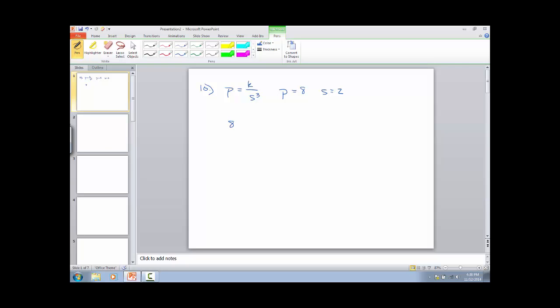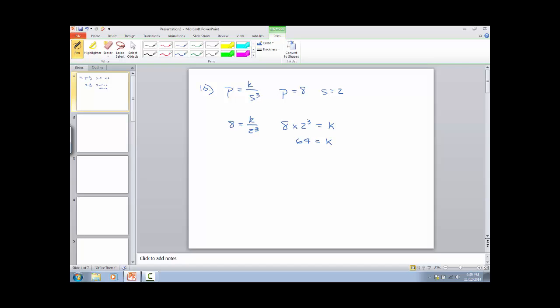So we have 8 equals k over 2 cubed. We'll have to do the algebra, multiplying by 2 to the third. 2 to the third is 8, so we have 8 times 8. So 64 is our constant.